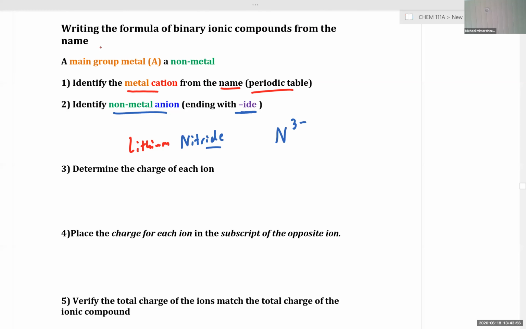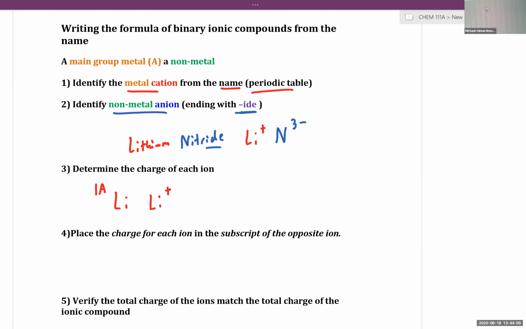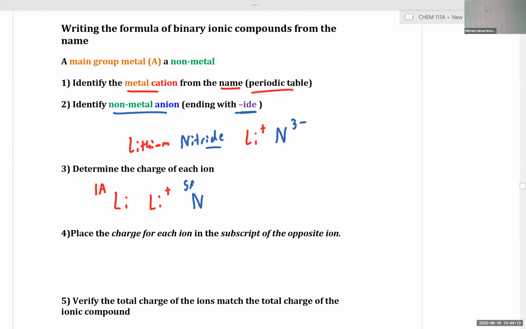And from lithium, we know that we have lithium +. Where do we get lithium + from? Lithium is a 1A element. So then lithium prefers a +1 charge. Nitrogen is a 5A element, and so nitrogen prefers a 3- charge.